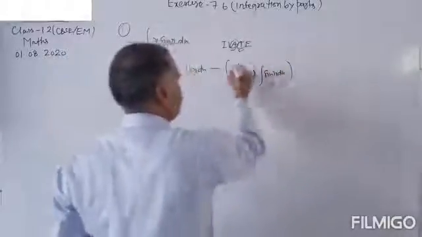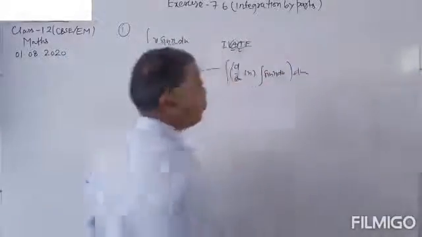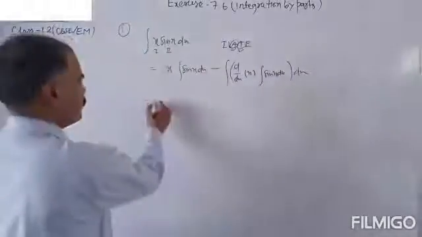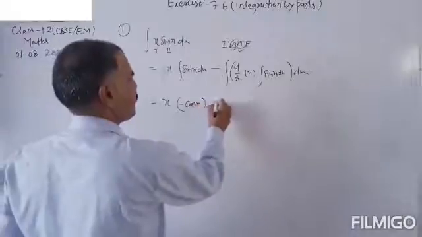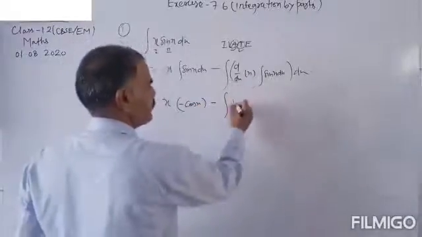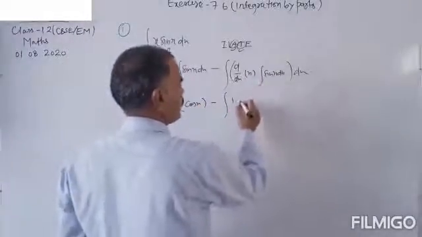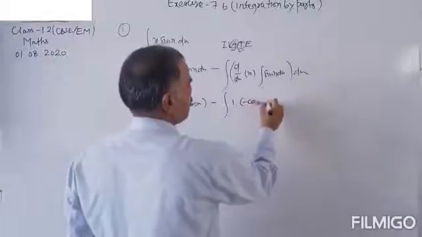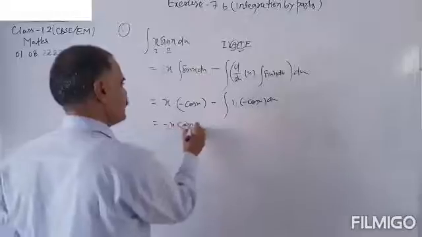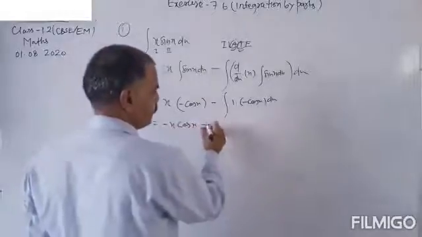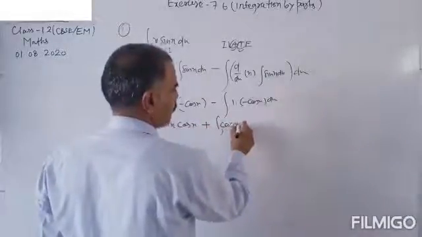So this is equal to x times the integration of sin x, which is minus cos x, minus the integral of the differentiation of x, which is 1, times the integration of sin x, which is minus cos x, dx. So this is minus x cos x plus the integral of cos x dx.